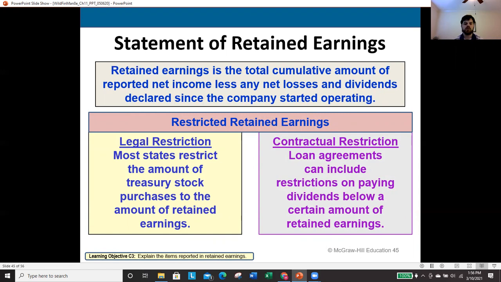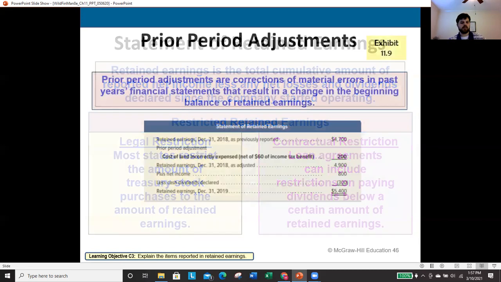So I can't be purchasing treasury stock at the point that I'm reducing retained earnings below zero, right? That would not be good. So that is typically not allowed. And there are contractual restrictions with loan agreements that include restrictions on paying dividends once retained earnings is under a certain amount, or they may even include restrictions on repurchasing your own stock through this treasury stock process.